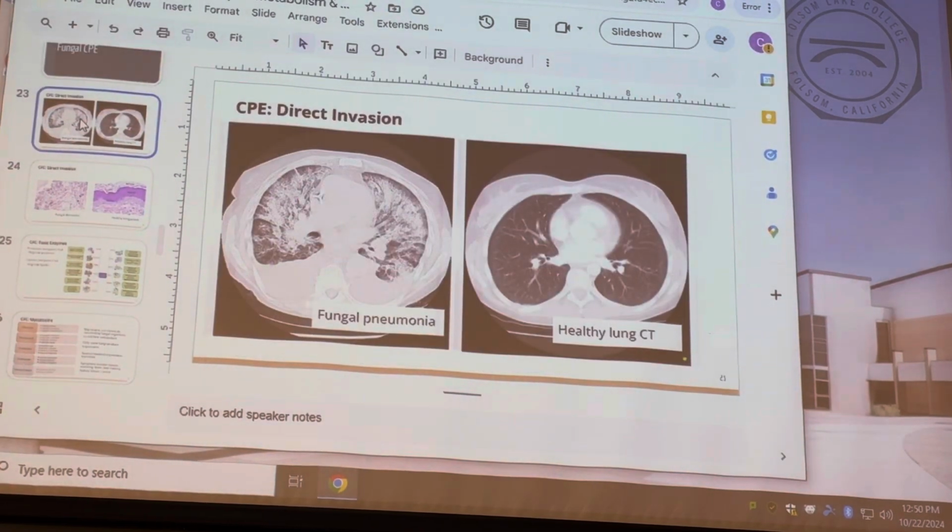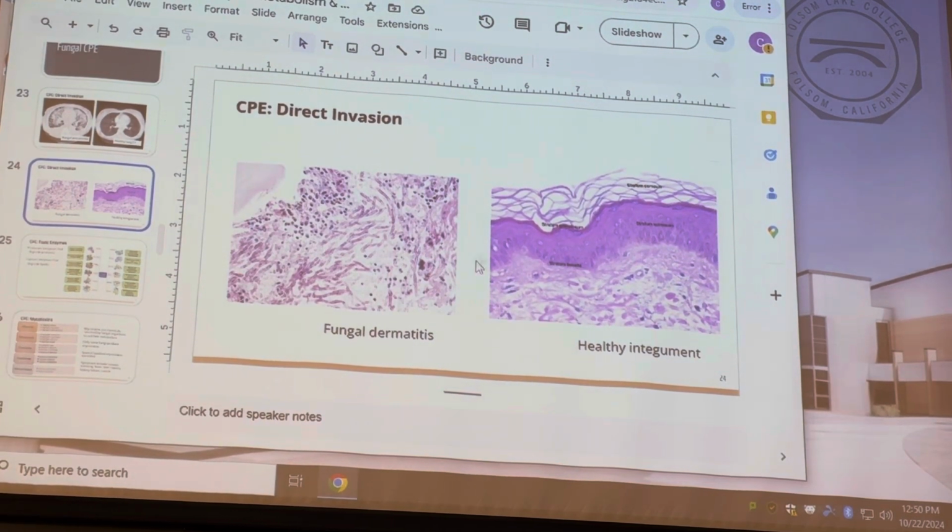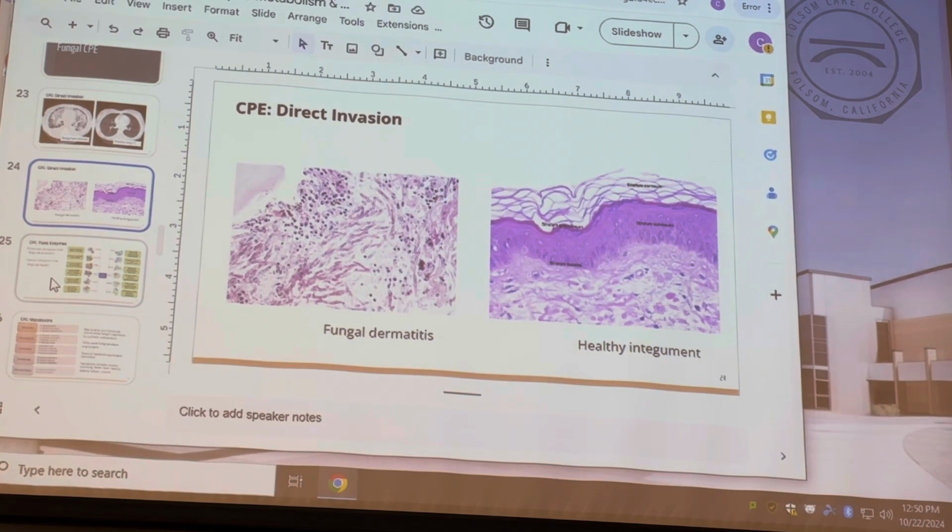We talked about CPE. Direct invasion is a problem because of the Spitzenkorper, or with yeast, because when they have pseudohyphae they really can dig into tissues as well, but a lot of times they'll degrade the tissues around them. So direct invasion is always a problem with fungi. Any kind of digging or invading tissues of any kind, like the vegetative hyphae.